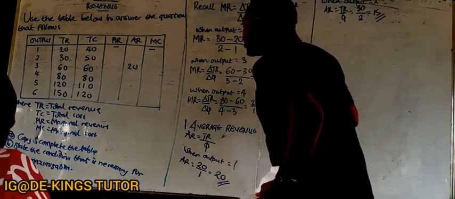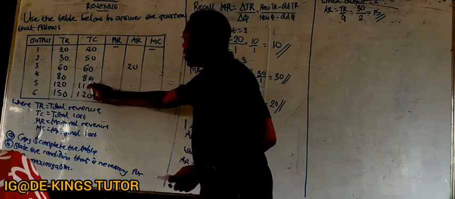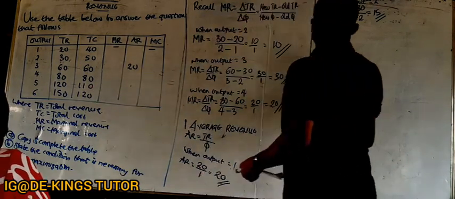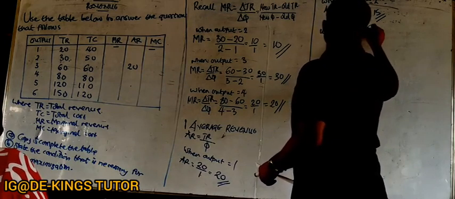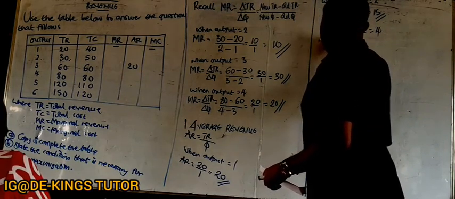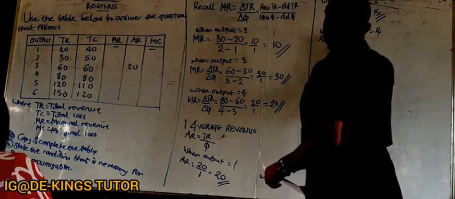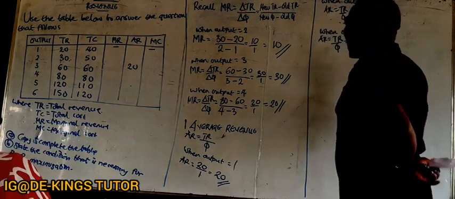Now the third one is already provided, given in the question. So let me do the fourth one, and you do the rest. When output equals 4, what is my average revenue? Total revenue over quantity, right?